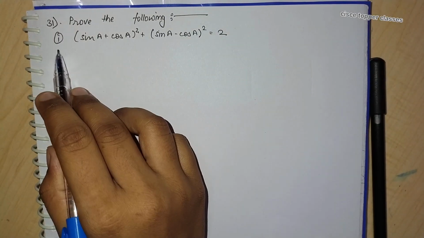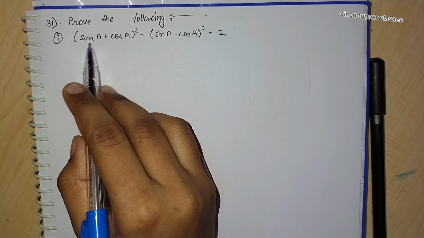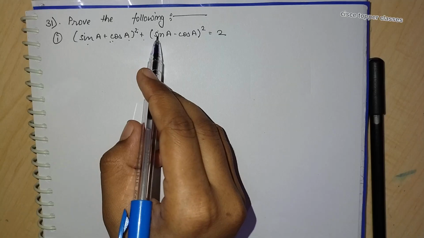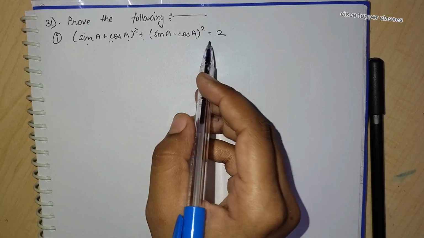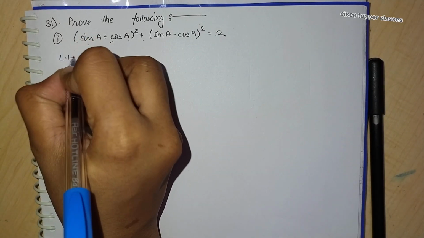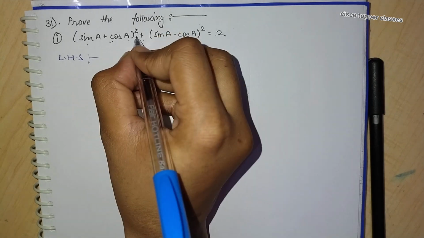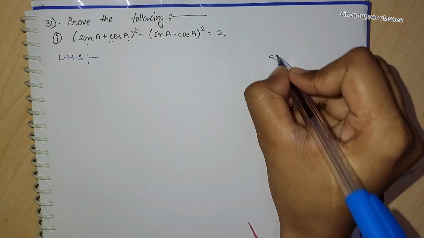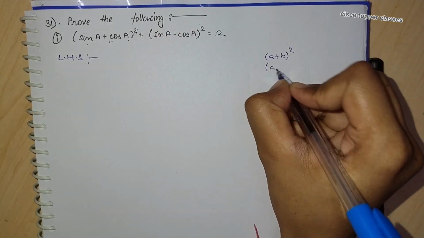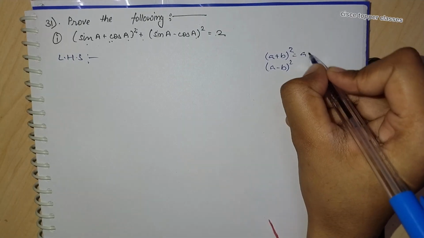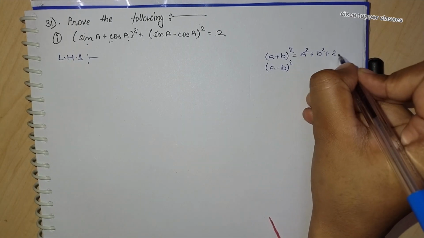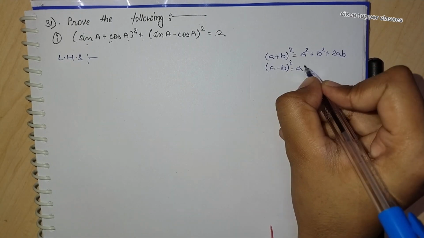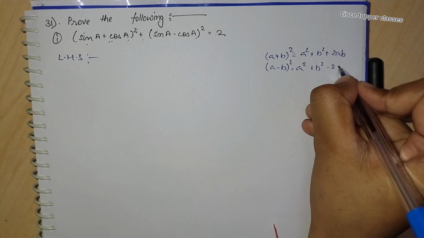Solve a 31 question first part. Here it is given that (sin A plus cos A) whole square plus (sin A minus cos A) whole square, we have to prove that this is equal to 2. So if we take the left hand side, we can open this bracket by the formula (a plus b) whole square and (a minus b) whole square. So this will be a square plus b square plus 2ab, and here a square plus b square minus 2ab.